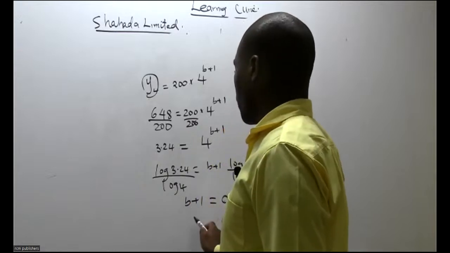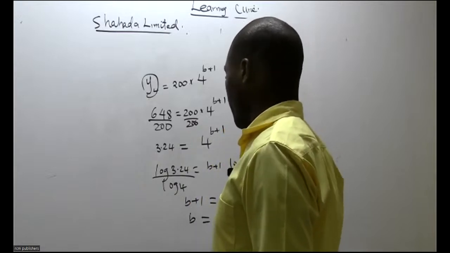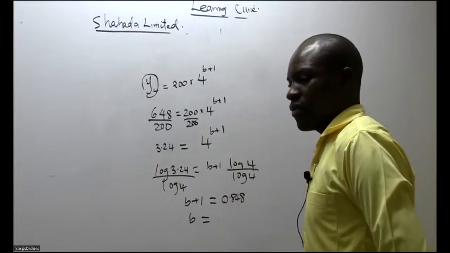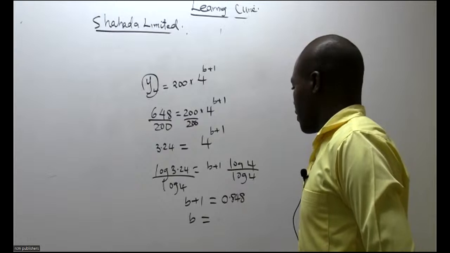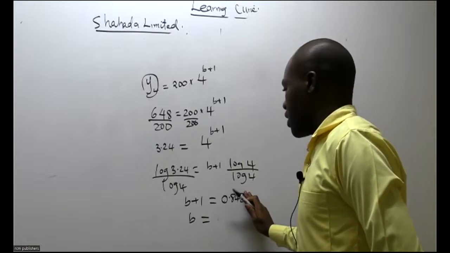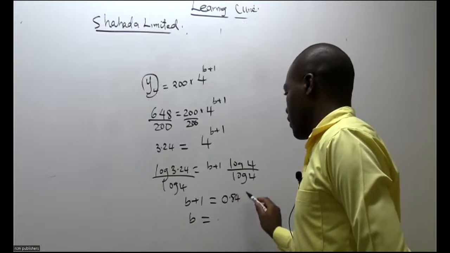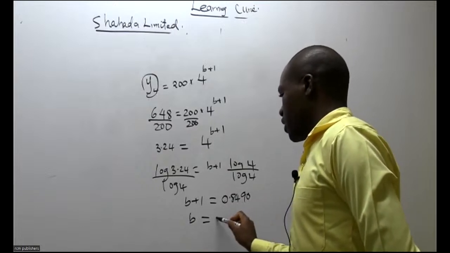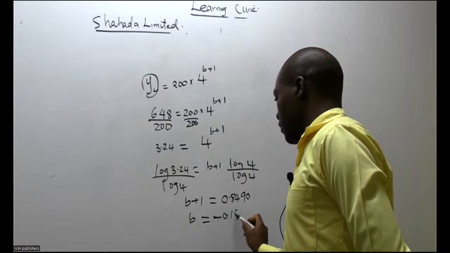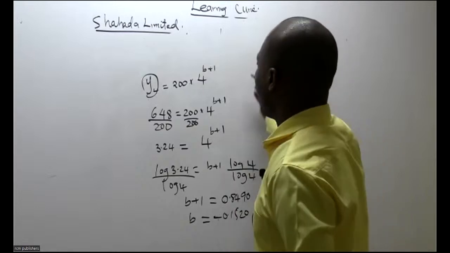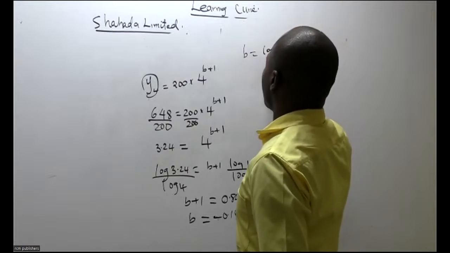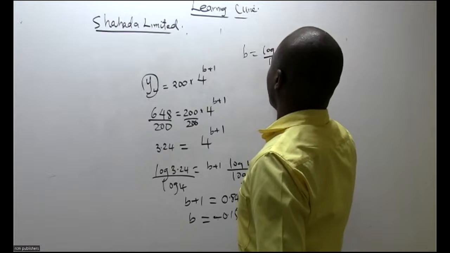Good. You have this. So give me the value of B. What's the value of B? Negative 0.1520. Now, B is equal to log R over log 2.